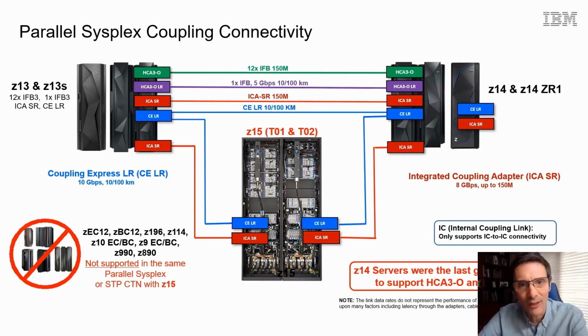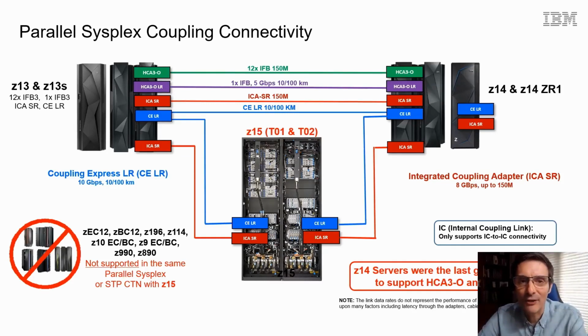As we said before, a Z15 requires the ICA-SR for short distances or the Coupling Express Long Reach for long distances. So when the Z15 needs to interconnect with other down-level hardware machines, it will need to connect using those particular two cards, of course, depending on distance.